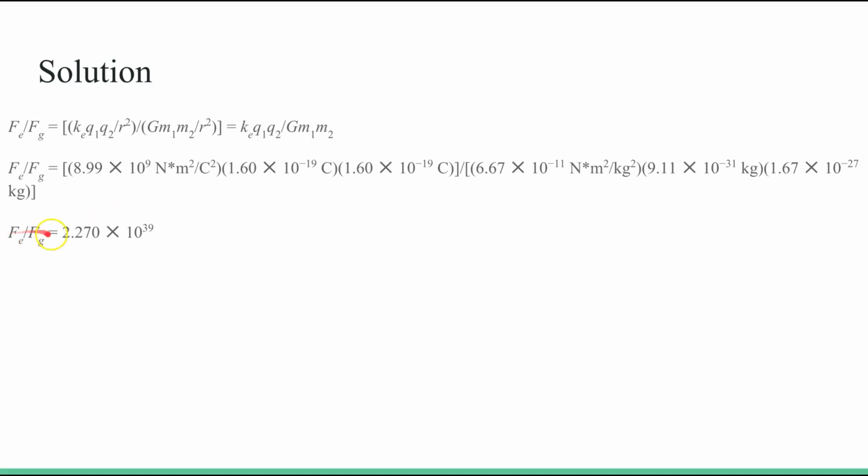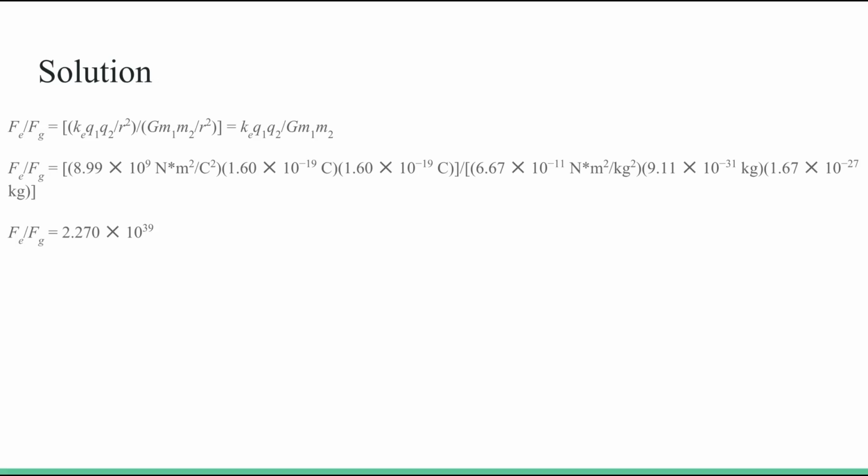The meaning of this number is how many times larger the electric force is than the gravitational force for a proton and electron, over any distance, because the R squared cancels out.